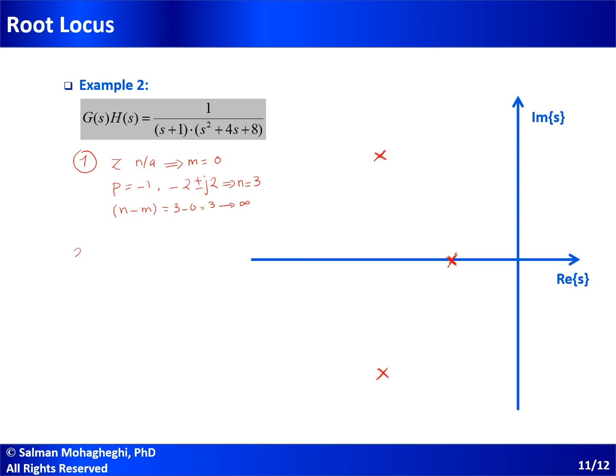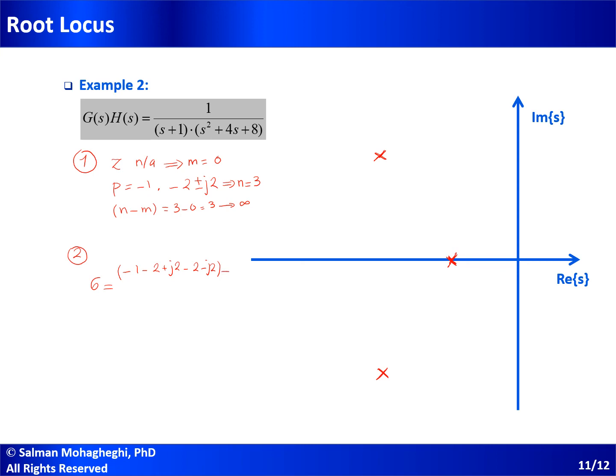All right, step 2. We identify the point at which the asymptotes intersect. This point sigma, I'm not going to write down the equation anymore. I'm just going to directly plug in the values. I have parentheses with the actual values of the poles: -1, -2 plus j2, and -2 minus j2.